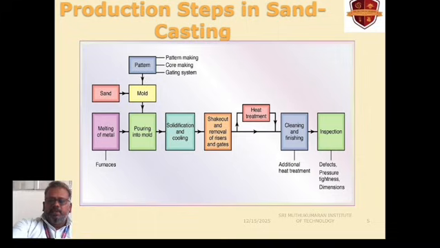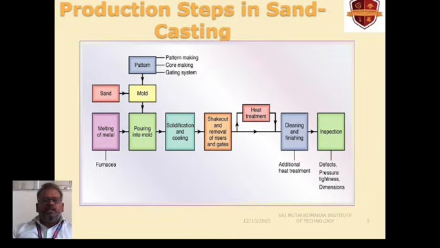Next, this is the step-by-step procedure, which is a block diagram you can see here. First, to start with, you have got the pattern making, core making and gating system. From there you go to the molding process. In the molding process, we have to make the replica of the pattern using the sand.